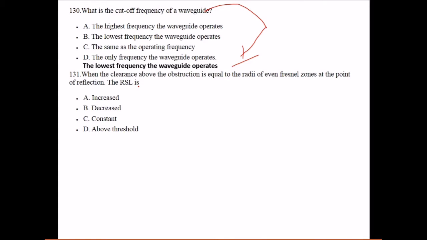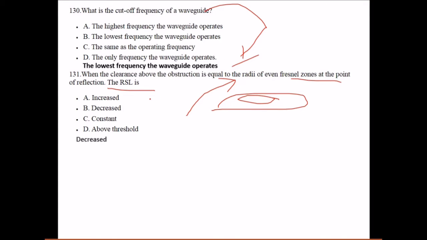When the clearance above the obstruction is equal to the radii of even Fresnel zones at the point of reflection, the RSL is decreased.